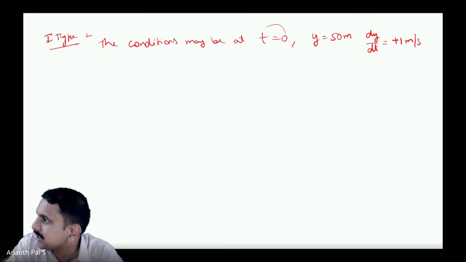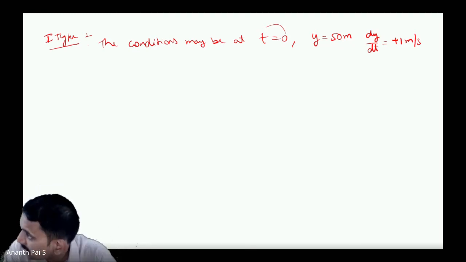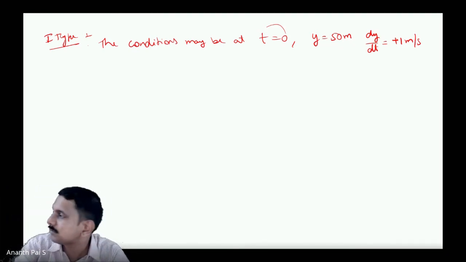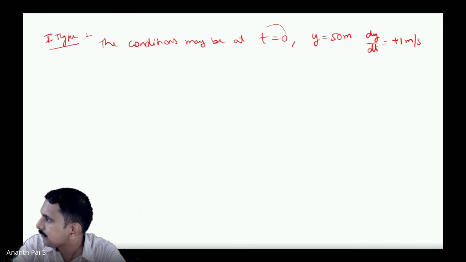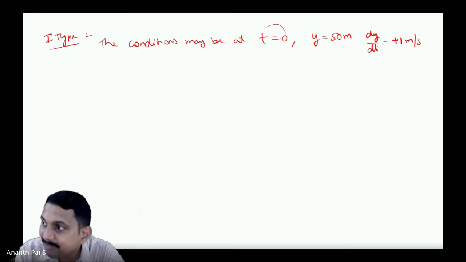Initially, what is it? That's what I am telling. But it does not depend on time. It need not be just time. It can be dy by dx instead of dy by dt. Here, in this particular one, it was time.